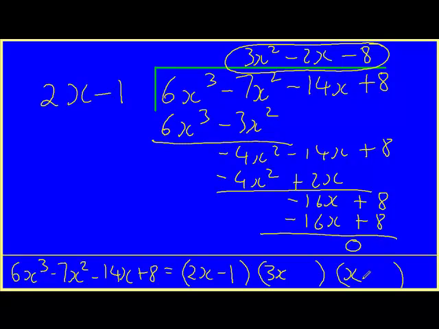I need factors of 8. Factors that sort of come to mind are 4 and 2. So we'll put a 4 there and a 2 there. We need negative 2x, and if you look at this, 3x and 2 gives me 6, that gives me 4. So that has to be negative and that has to be positive.